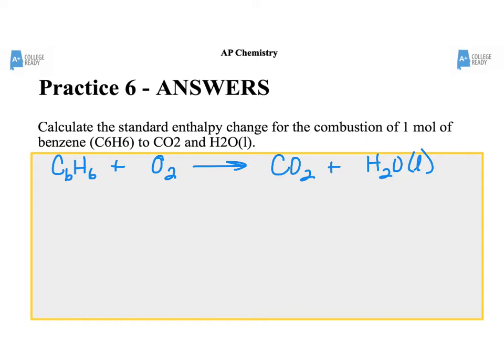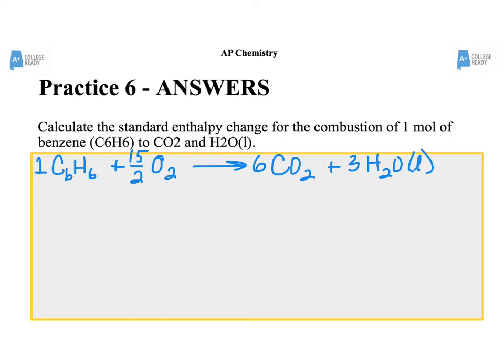All right, we need to do some balancing. They're telling us they want us to calculate it for 1 mole, so we're going to make that 1. And as a result, this ends up being a 6. And the water ends up being a 3. And therefore, to balance out the oxygen, we're going to have 15 halves oxygen to make those balance.